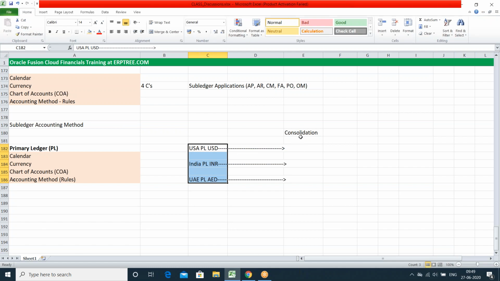Now, whatever data they're recording, they can translate. Their consolidation requirement is in USD. Say they want to do the consolidation in USD.